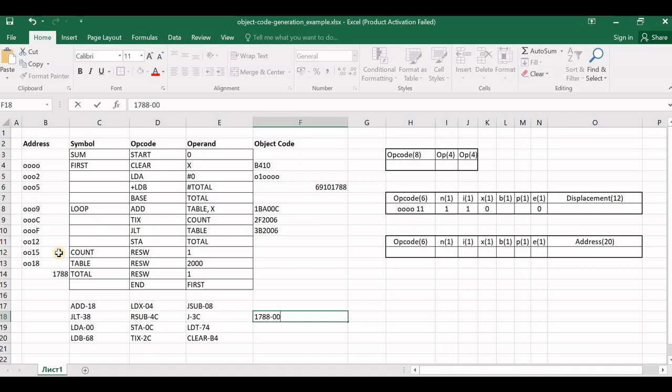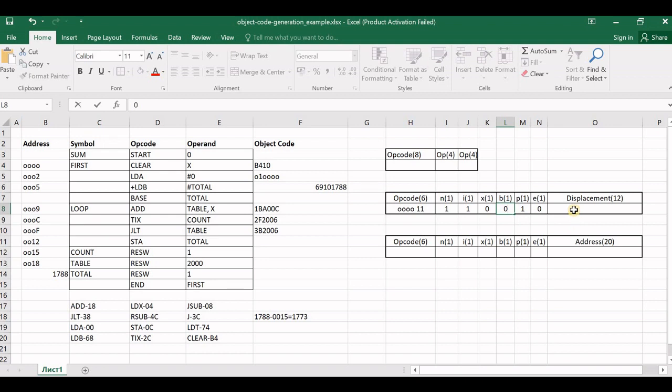So 1788 minus 0015 is equal to 1773. It is 1773, which is the displacement that is calculated using the PC value. Since we have calculated the displacement using the PC value, P bit becomes equal to 1 and B bit is reset to 0.